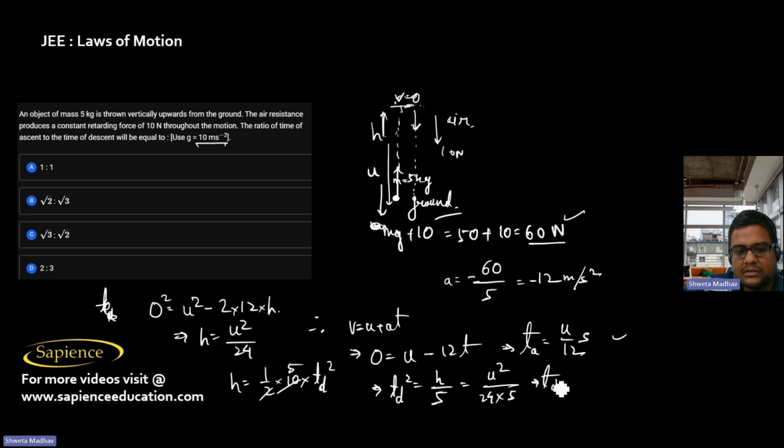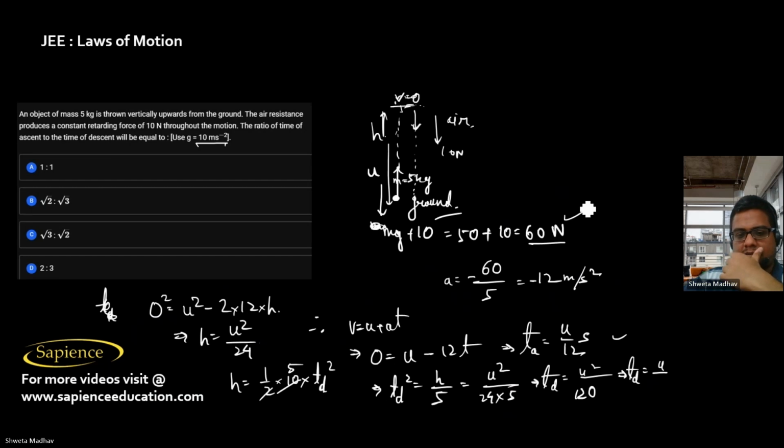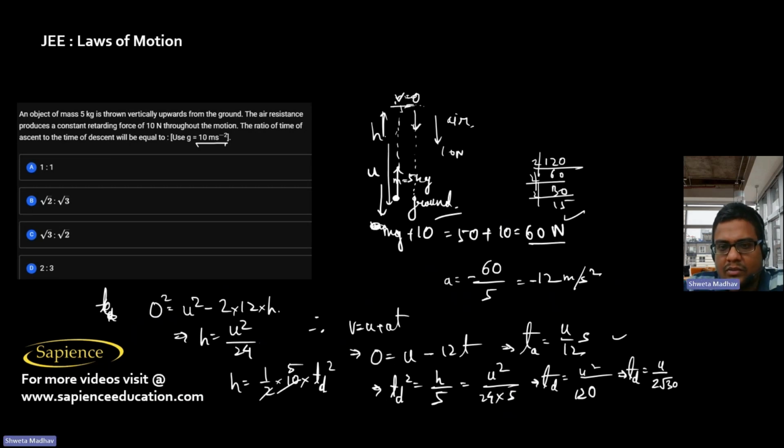So therefore td equals u square by 120, that is, u by root 120, which is u by 2 root 30. This is the time of descent.